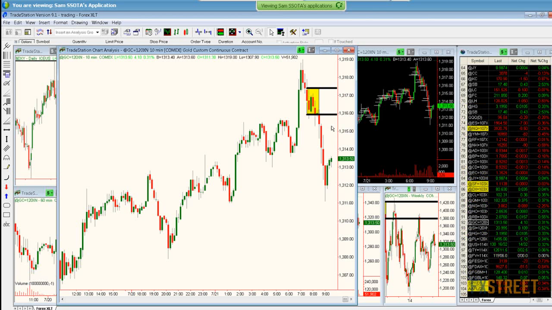But the next thing is, where are they likely to move to? Well, the fact that prices moved in gold from 1316 down to 1311, what does that tell us about the demand from 1316 to 1311? In that range, what does that tell us about the demand, the buy orders?